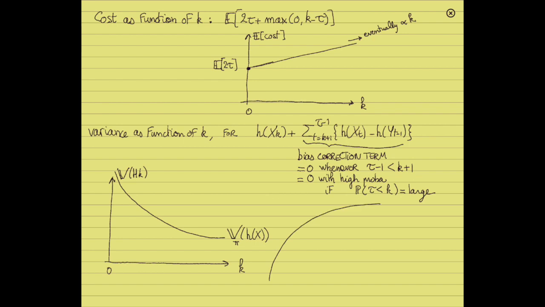So what we want to do is factor in both the variance and the cost when we choose k. So the variance decreases, the cost increases, and we are interested in minimizing the product. And so we have a trade-off. Typically the optimal k will be somewhere in the middle. It will practically never be 0.